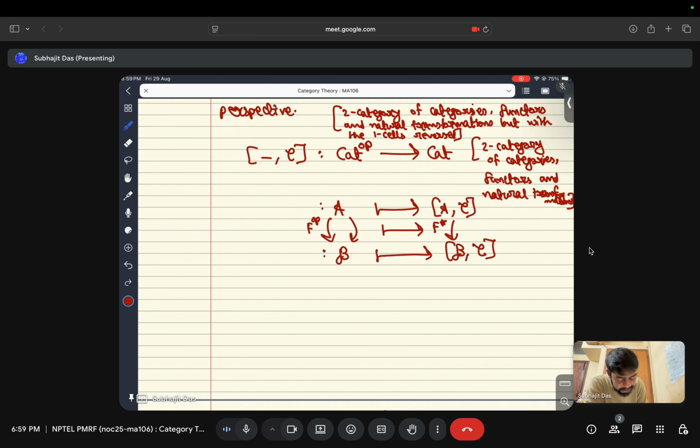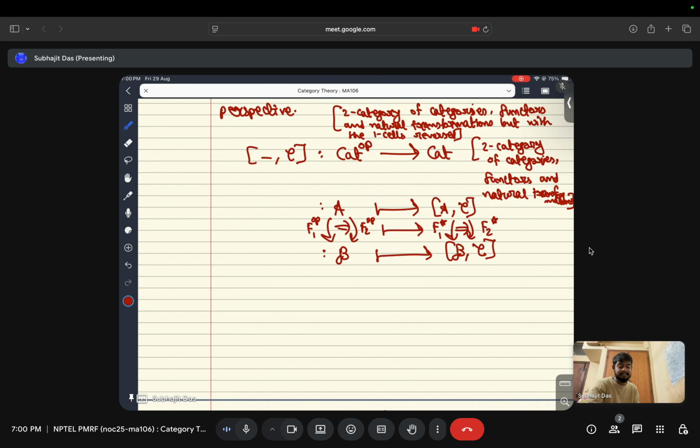I just want a different letter other than G. Okay, F1 let's say, and F2 op from A to B to F2 upper star, maps a natural transformation from F1 op to F2 op to some natural transformation here, which you can really figure out what this is.